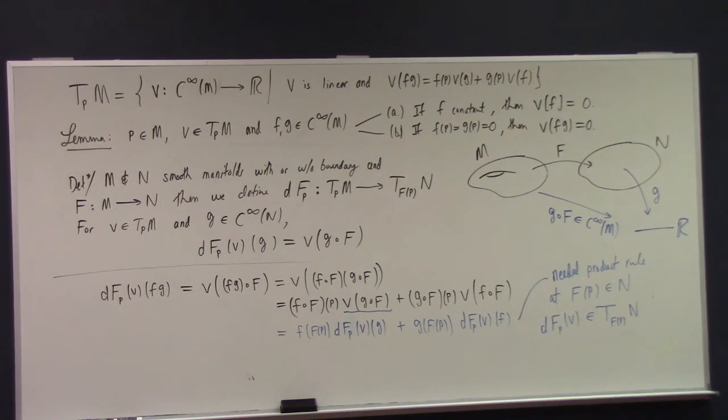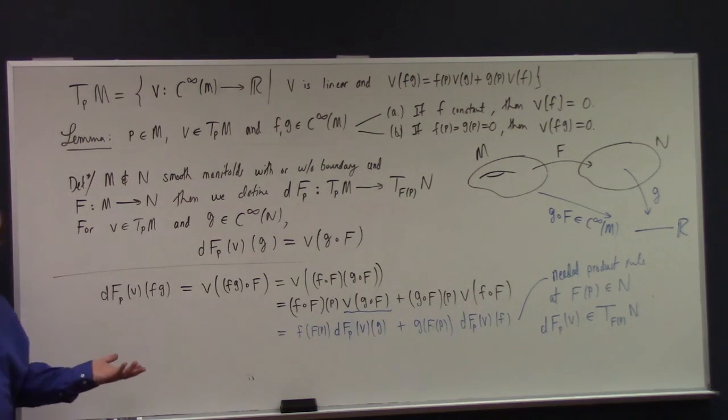Now, that's half of it. What else should I show technically? You'll forgive me if I don't. But we should also, of course, prove that the differential is linear, right? Because to be a derivation, it should be linear and Leibniz. I've just shown you Leibniz.